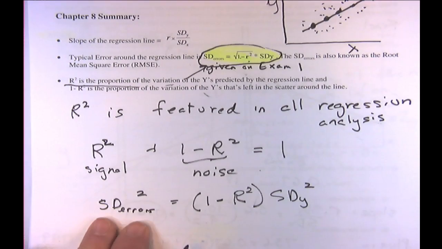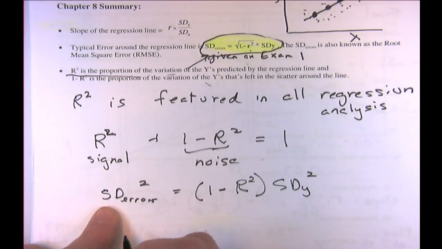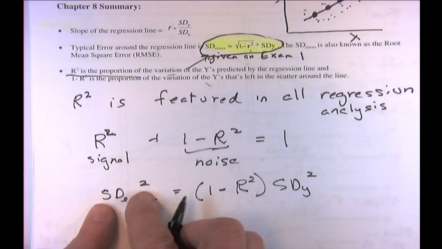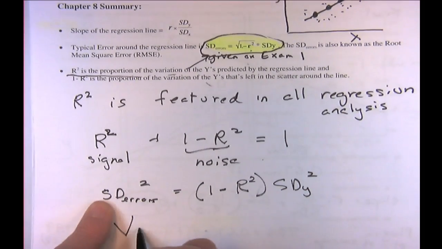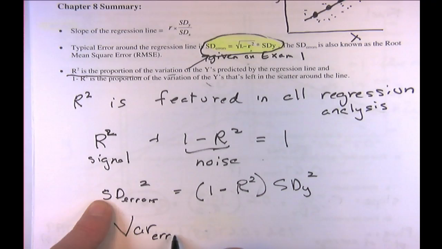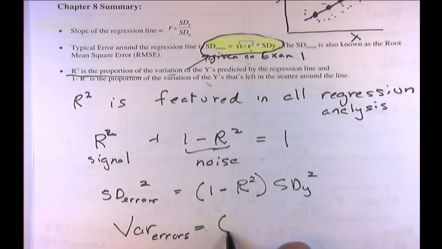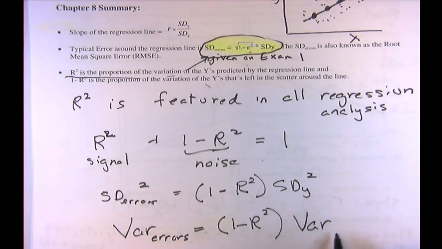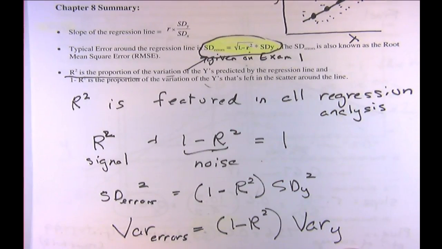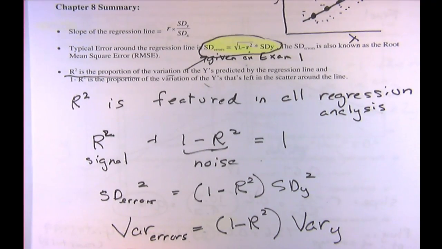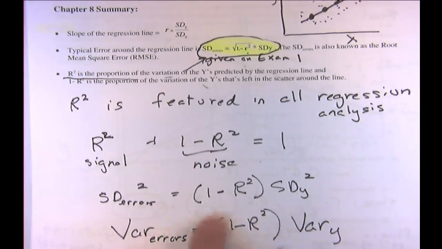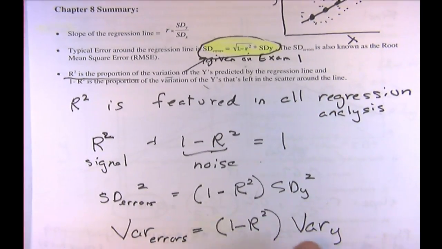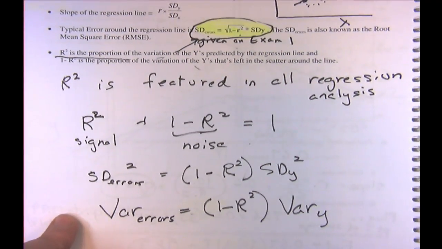So this is like the variability. If the standard deviation squared is the variance, so that's like the variance of our errors equals 1 minus r squared times the variance of our y, or the total variance. So this is just saying that 1 minus r squared is the proportion of the total variability of your y values that's in the errors.